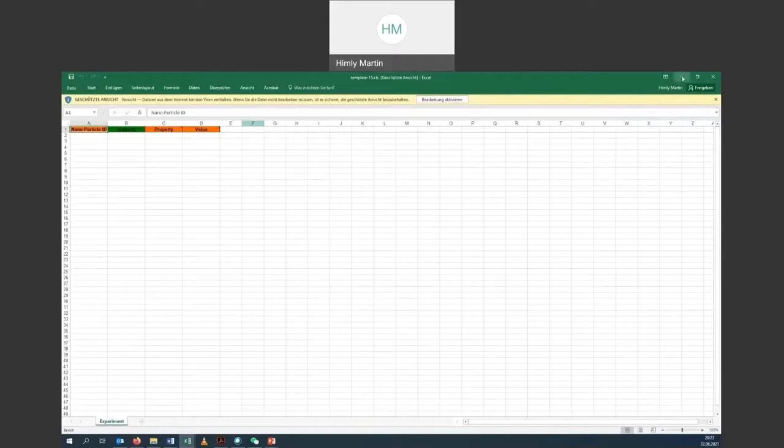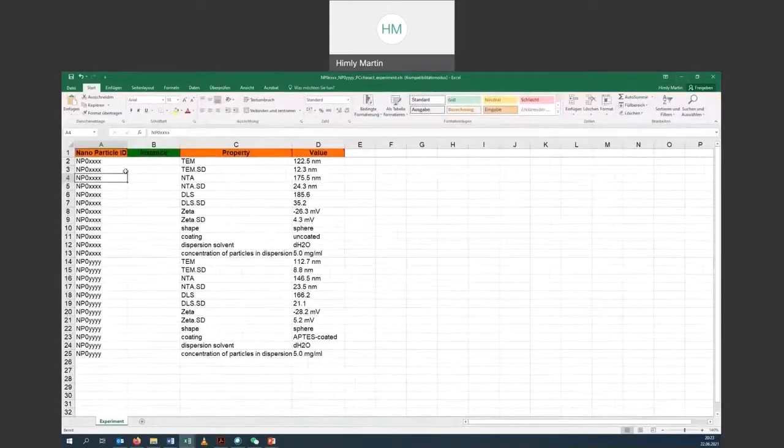How does this look? For two model examples here, this is not a real particle ID, so just XXX for one particle and Y for the other one. And you have the properties listed here. We do not have instances, and these are the values for the different properties. Standard deviation of TEM and nanoparticle tracking analysis.